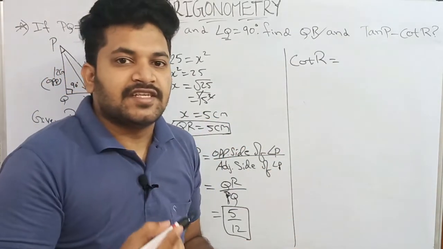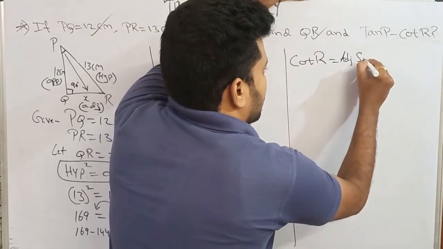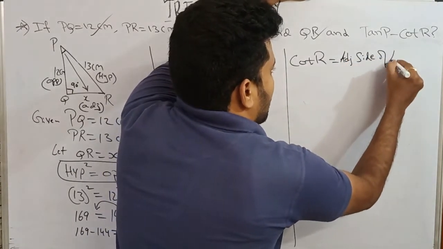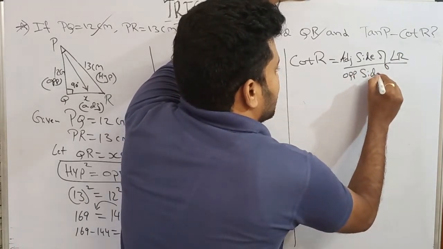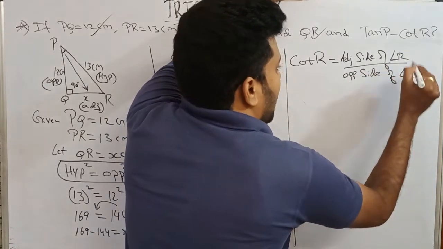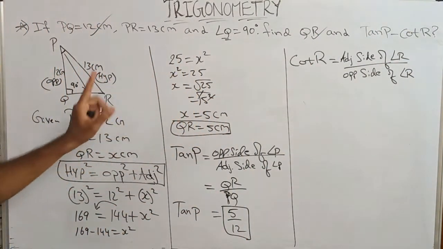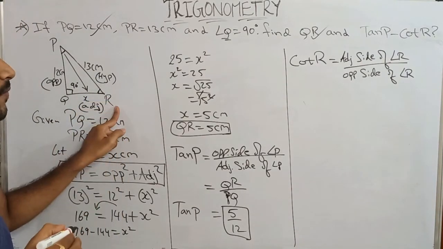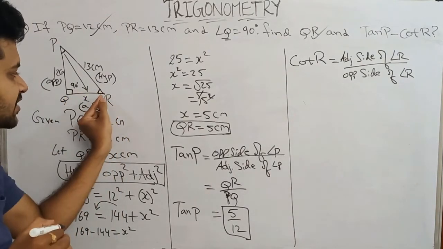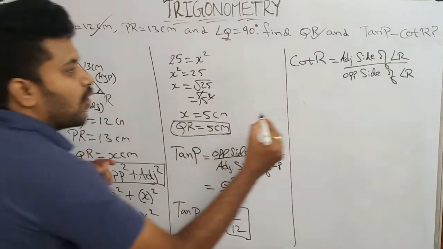R. So adjacent side of angle R by opposite side of angle R. So adjacent side, where is R? Let us find this. Adjacent side of angle R means the side which is touching this angle R. So this side is touching. What is this side? QR side.